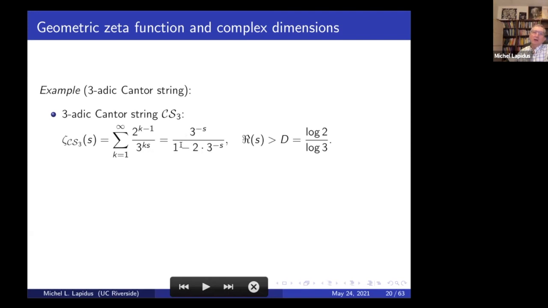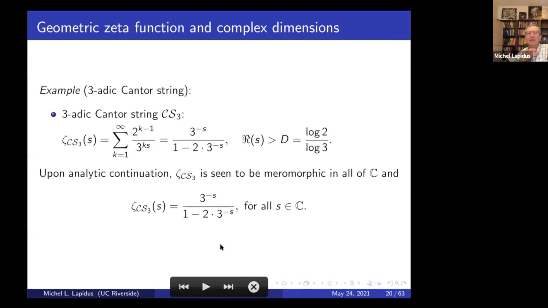And all the complex dimensions are simply the poles of this meromorphic function. Now, the numerator is never equal to 0. Therefore, the denominator is 0 if and only if 3 to the s equals 2, which means s equals log 2 over log 3. So this is the meromorphic continuation valid for all s in C.